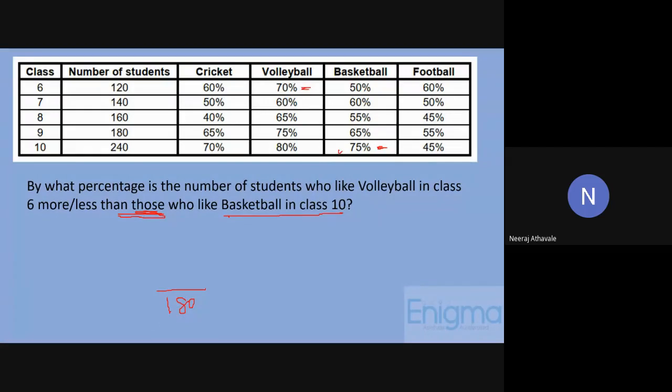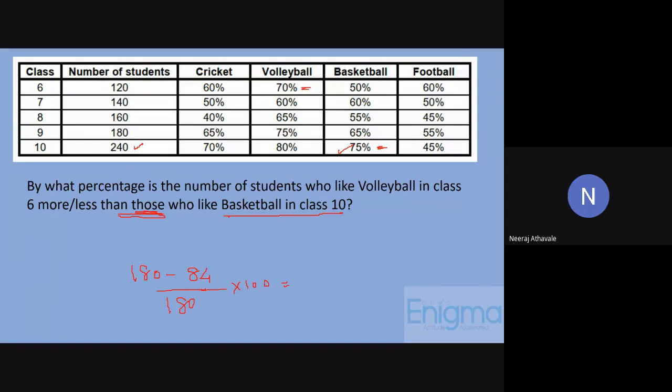It is 75% of 240. You can use the fraction form as well: 75% is 3 by 4, so 3 by 4 into 240 gives 180. And now volleyball is 70% of 120, which means you have 84. But what do we need to find? We need to find how much less it is. So we will do 180 minus 84 upon 180 into 100.